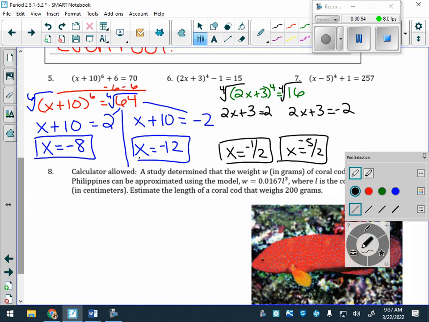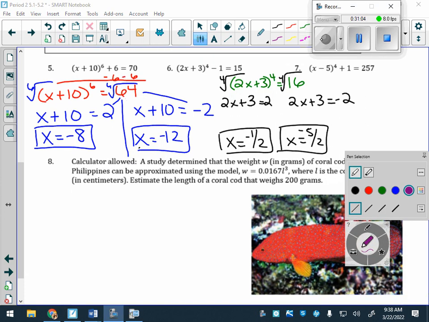Try number 7. All right. What is the 4th root of 256? 4.